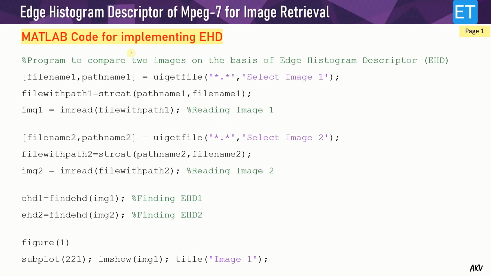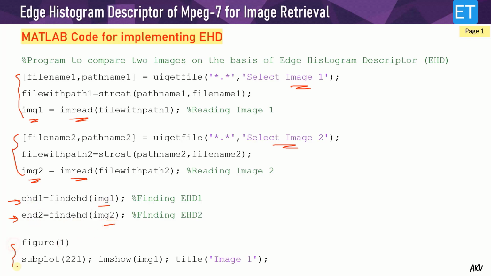Here, with these lines, the first image is selected with the help of imread, so your first image is img1, and with these lines you are reading the second image, img2. So you are reading two images, and now you are computing their corresponding EHD. EHD1 is for image 1 and EHD2 for image 2.